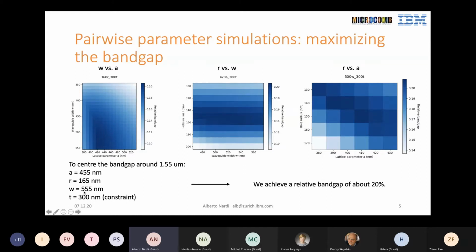So we usually work with a 300 nanometer thick GaP layer, and with these parameters we achieve a relative band gap of about 20%, which is actually quite good because in the paper I showed you in the beginning, they use silicon nitride and achieve a relative band gap of about 10 to 15%. So this is actually a larger band gap.